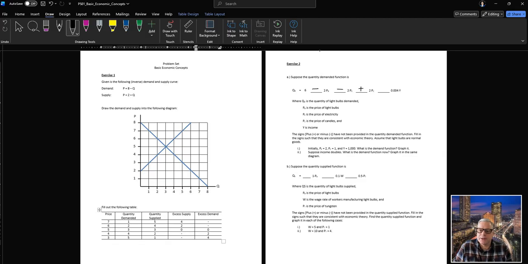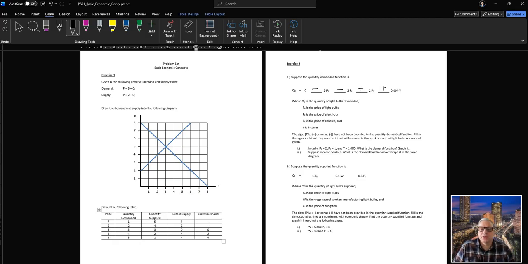And now for income, we need to know if light bulbs are an inferior good. If it's an inferior good, then as income goes up, quantity demanded would go down. But if it's a normal good, then we would have a positive relationship. And here it says, assume that light bulbs are normal goods, so this becomes a positive sign as well.